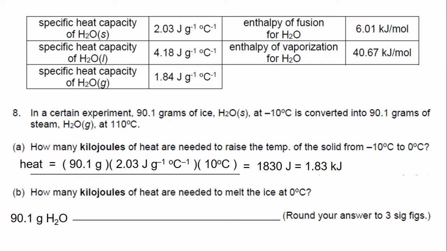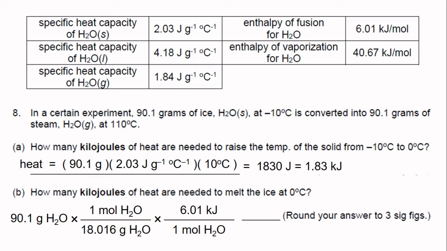Using the information on the periodic table for H2O, there are 18.016 grams of water for every 1 mole, and then 6.01 kilojoules of heat required to melt 1 mole of ice. If we do this math, and our answer will be in kilojoules, rounded to 3 significant figures, we get 30.1 kilojoules.